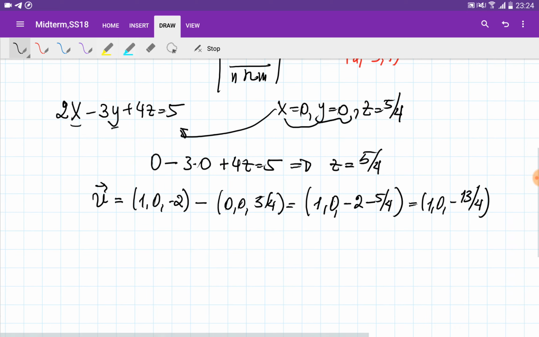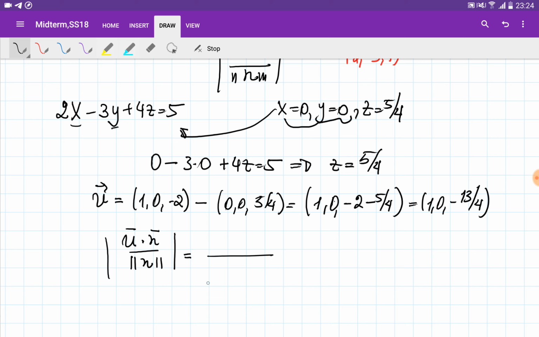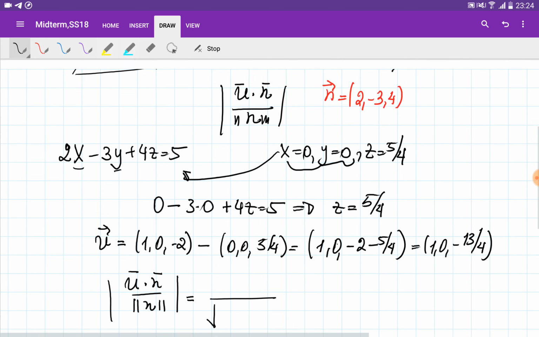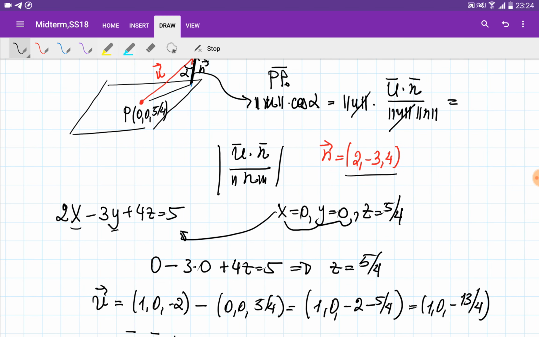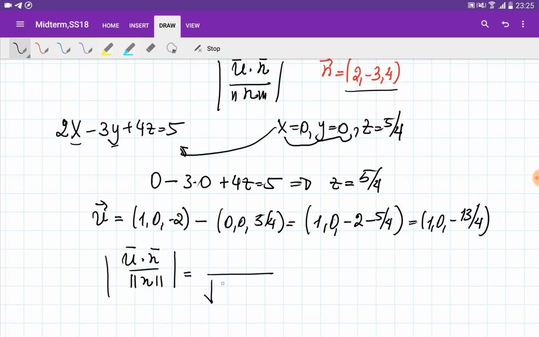So what we need to do is multiply the u to the n and divide this by the norm of the n, and we need to take its absolute value. The norm of the n can be found by taking the square root of the sum of the squares of the components, right? So please note that the n has these three components, t, minus 3, and 4. And the norm of this is going to be the square root of 4 plus 9 plus 16, right? And when you multiply the u to the n, it's going to be t, minus 3 and 4 multiplied by 1, 0, and minus 13 over 4.